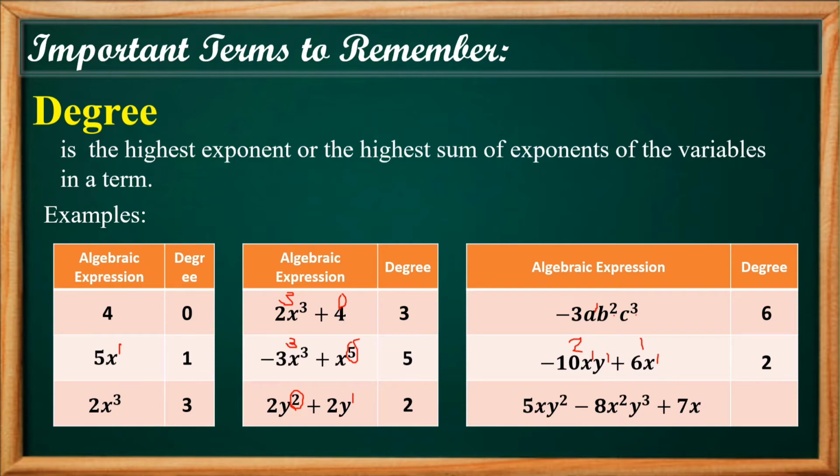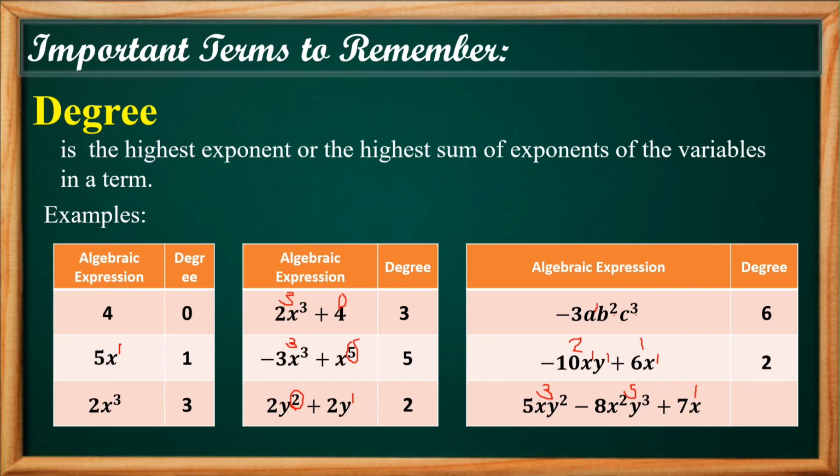Next. Meron tayong tatlong terms. Then, alamin natin the degree. Meron siyang 1 plus 2, the degree is 3. Ito naman, 2 plus 3, the degree is 5. Next, 7x, the degree is 1.